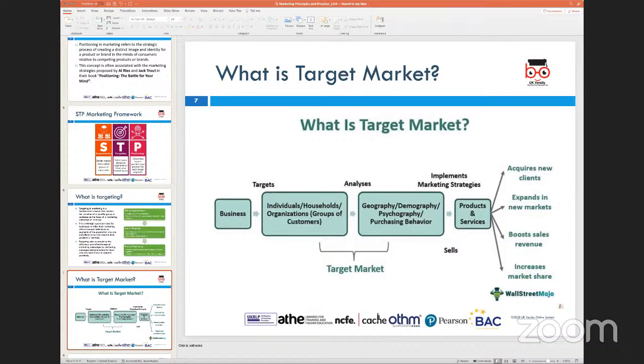So a target market could be a specific market segment that you're looking at targeting as a company, which consists of certain target groups, which could be individuals, households, or organizations. They are being targeted because you want to sell specific products or provide them specific offers, and they fall within the budget, needs, preferences or constraints they have in mind when they want to buy those products and services.